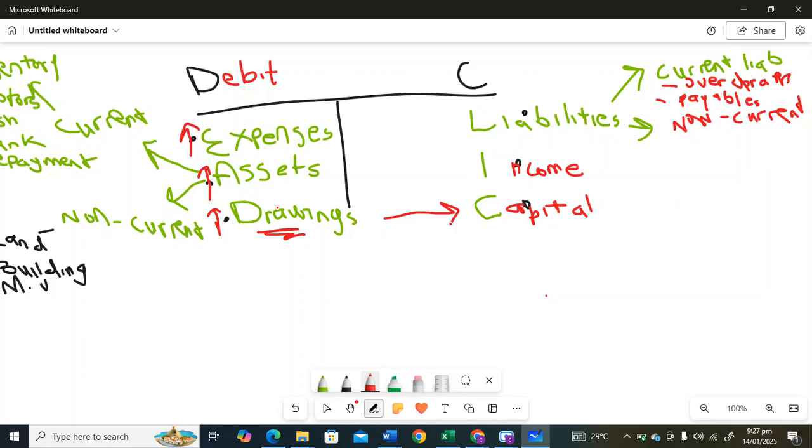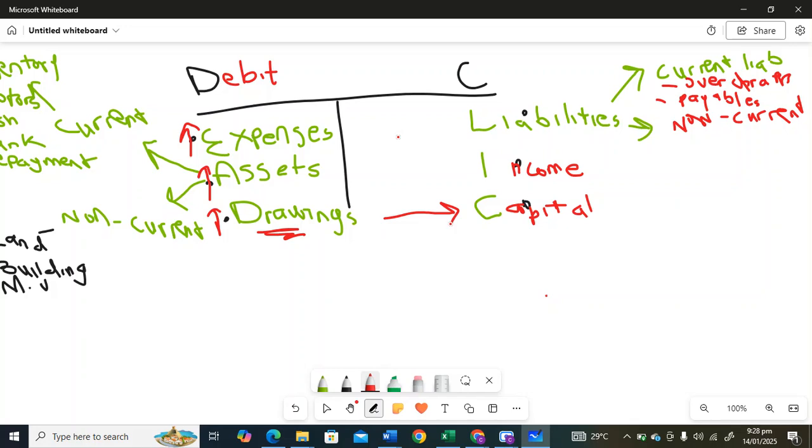So you're going to hear me use increase or decrease. Any increase in expenses, assets, drawings, you debit. If there are any decreases in expenses, assets, or drawings, then the opposite is true. You're going to have to credit. Okay, colleagues? Any increase in expenses, assets, or drawings, you debit.